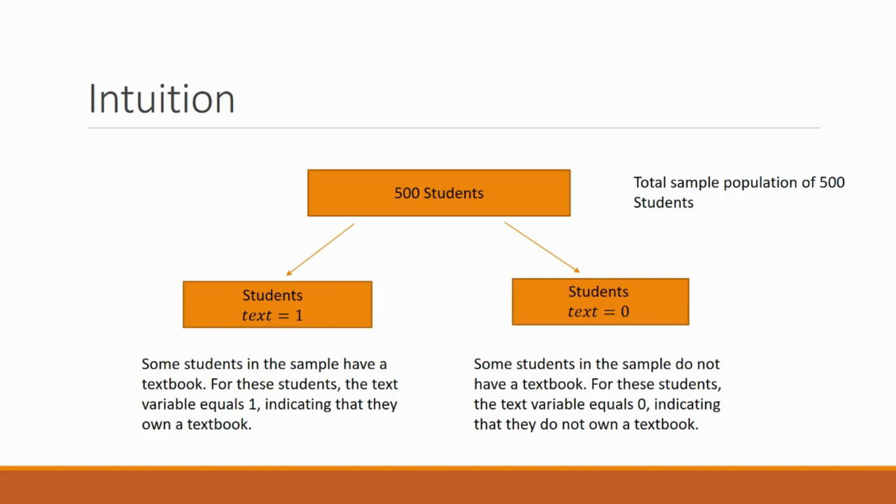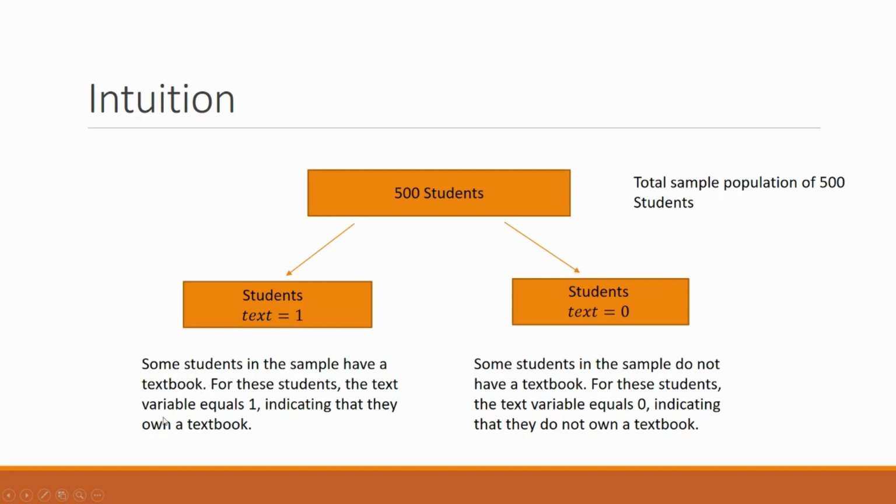Instead, we go to a population of students and just collect data on 500 students. When we collect data, we find that some students own textbooks, so text equals 1, and other students do not own textbooks, so text equals 0.